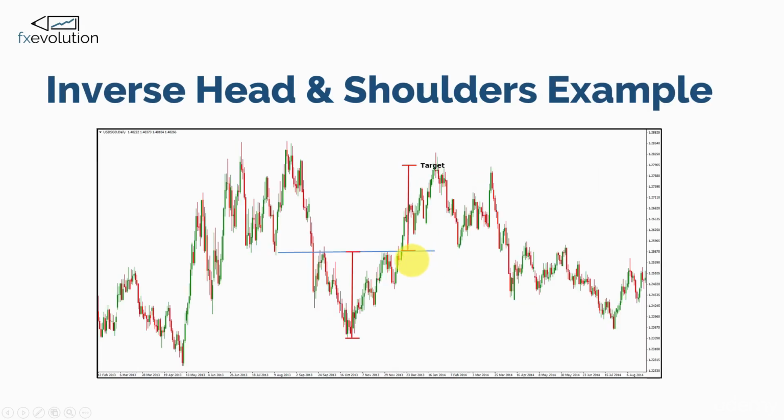So let's take a look at an inverse head and shoulders example in the market. Here we have a more perfect looking one than before. So we've got the US dollar, Singapore dollar. So maybe not a pair that you're looking at, but it just shows that it works on all pairs.